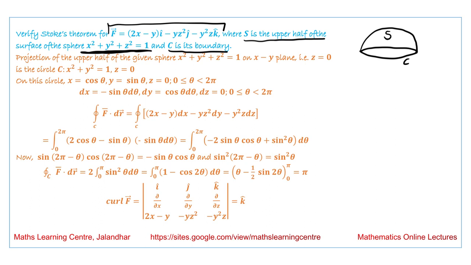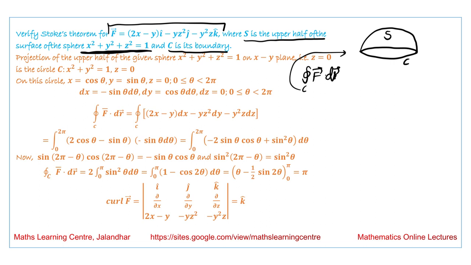So we have to verify that the integration of f vector dot dr vector over this curve C is equal to the double integral over S of curl of f vector dot dS vector. First we evaluate this value.